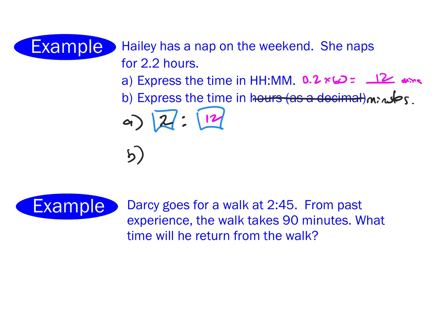Fantastic. It's 132. You take the 2 hours, you multiply by 60, and you get what? 120. And you add the 12 additional minutes, and you get 132 minutes. That's how long her nap is, in minutes. 132 minutes.